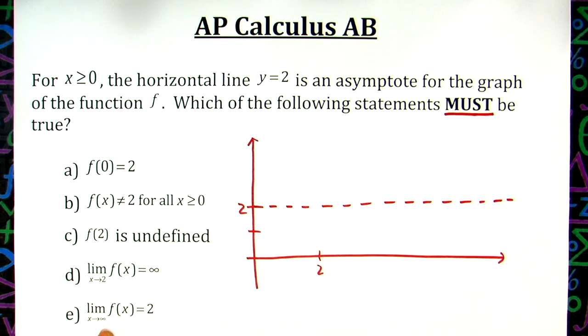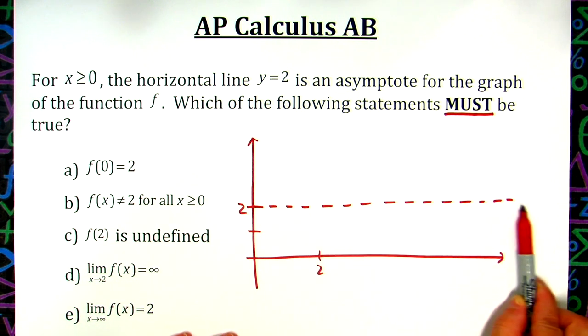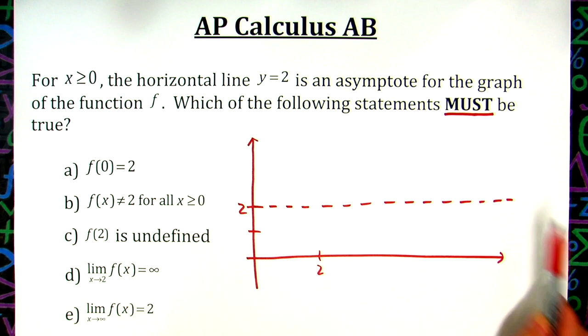The last one: the limit as x approaches infinity of f of x equals 2. We know this is a horizontal asymptote, so by definition of horizontal asymptotes, you can use the limit as x approaches infinity to equal those.